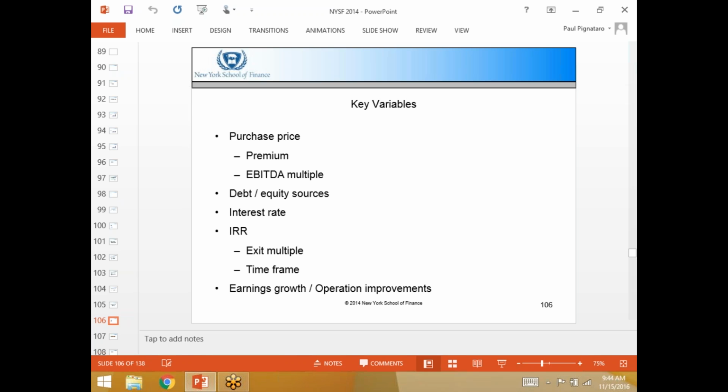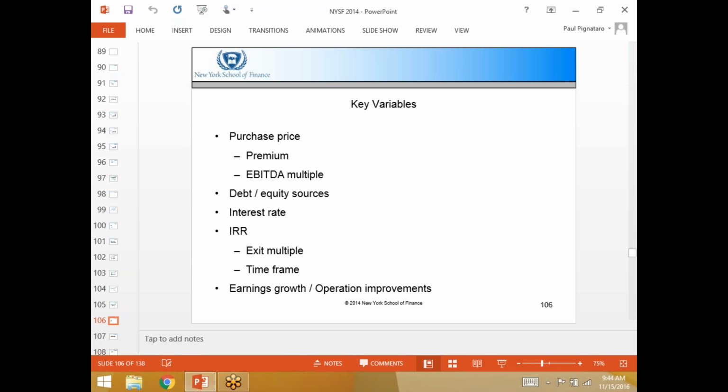Two major things you didn't mention. Major variables. What about the debt? The more you take out in debt, the less equity. Yeah, well, we just said that. How many years until your exit? Yes, time frame to exit. That's one. At 5 years, 7 years. What else? One more.